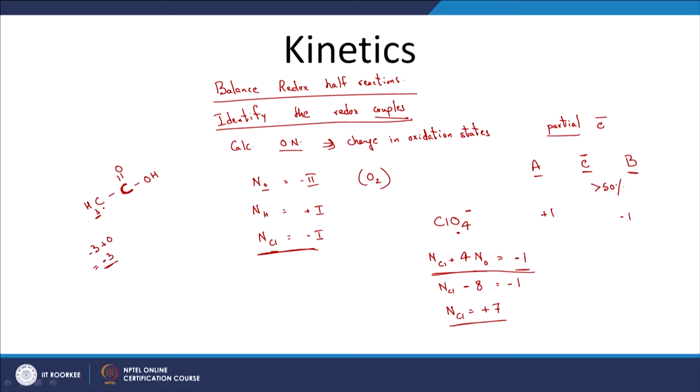Why do we have -3 here? Because carbon has a greater share of the electron that it shares with hydrogen.